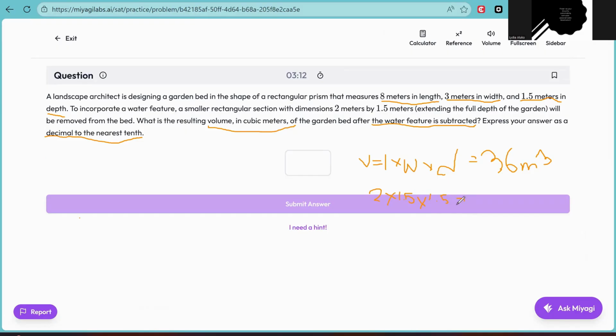That would give us 4.5 m cubed, right? So now we have to subtract our 36 m cubed and our 4.5 m cubed. Subtracting those two gives us a total of 31.5 m cubed.